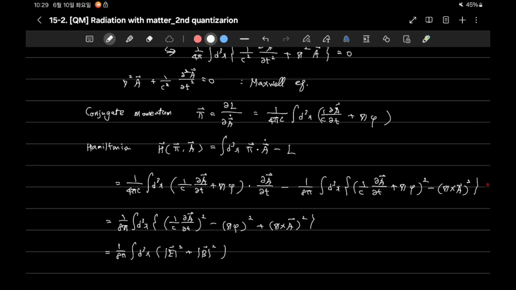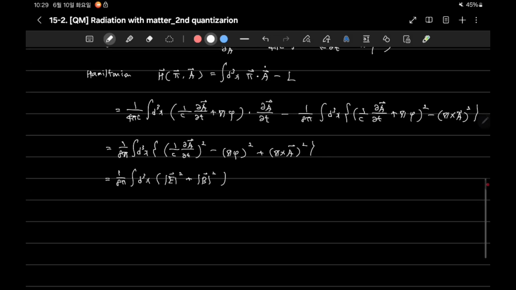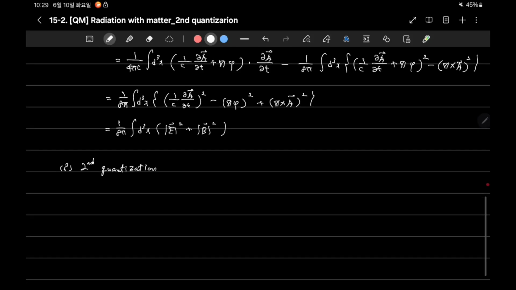That is the first quantization of the Hamiltonian. And here we will deal with the second quantization. Second quantization is the field quantization, and the basic principle of the quantization is the commutation relation.